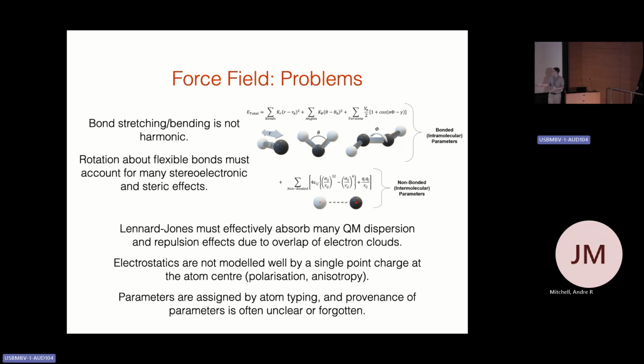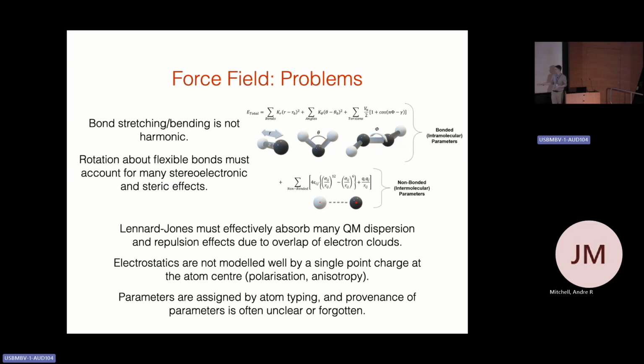The Lennard-Jones interactions are having to do a lot of heavy lifting in this force field. They've got to absorb lots of quantum mechanical dispersion effects, not just the C6, but the C8 and the C10, and all these inherently quantum mechanical effects that start to happen as you overlap two electron clouds. I won't be talking about it so much here, but just for completeness, electrostatics are not modeled well by a single point charge at the atom center.